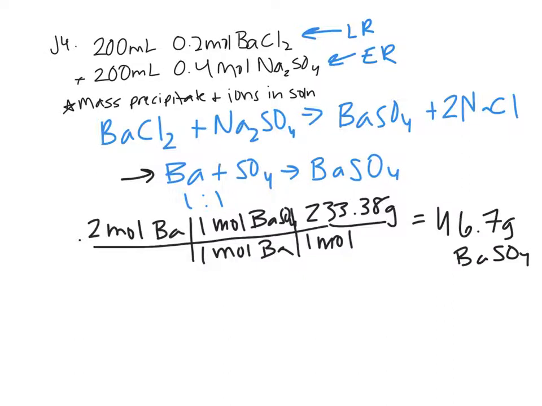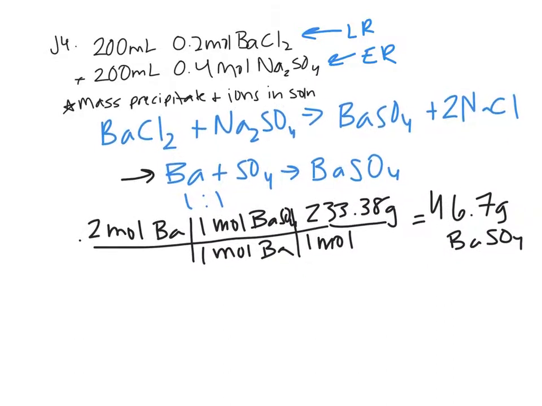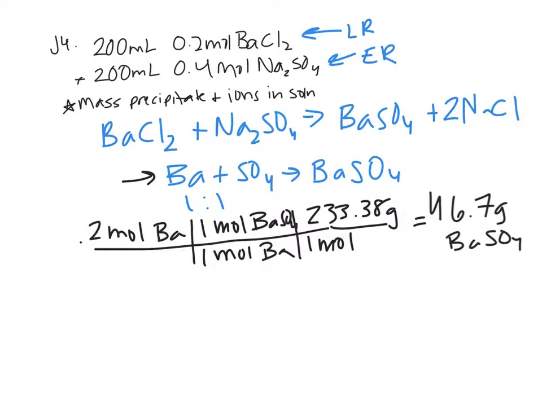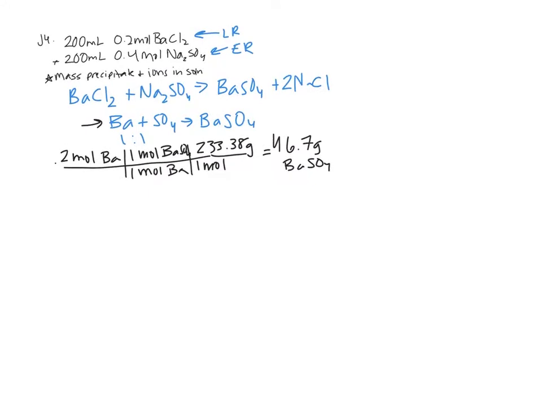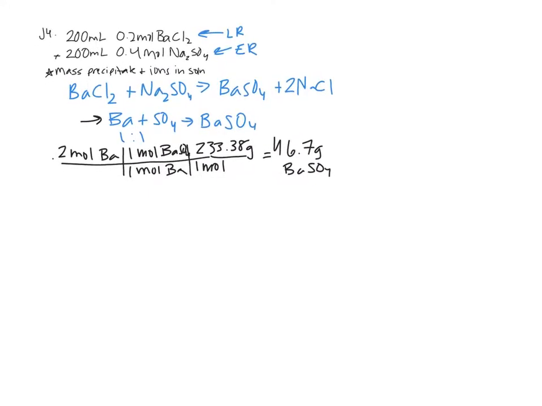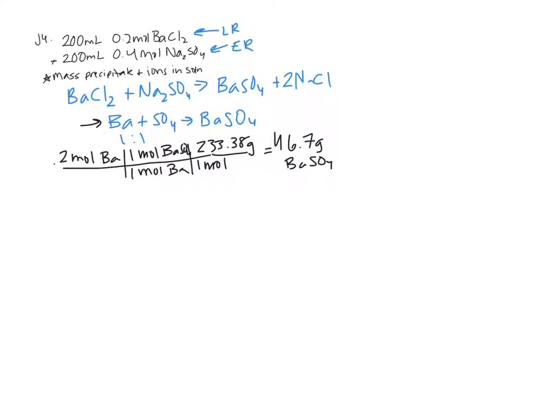All right, so now let's figure out how many of each ion are left in solution. If we think about our beaker, what's floating around? We definitely have all of our spectator ions still floating around, so we've got sodium and chlorine.